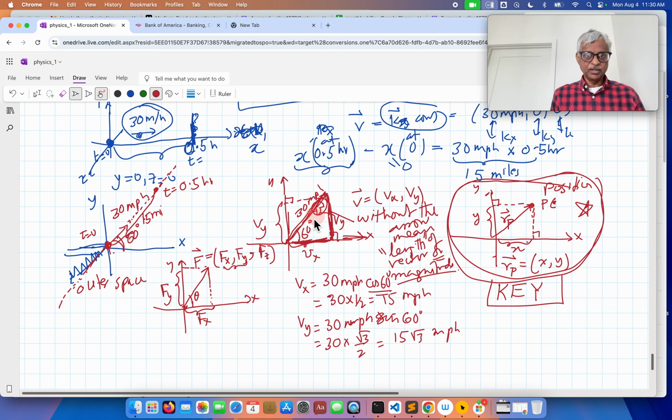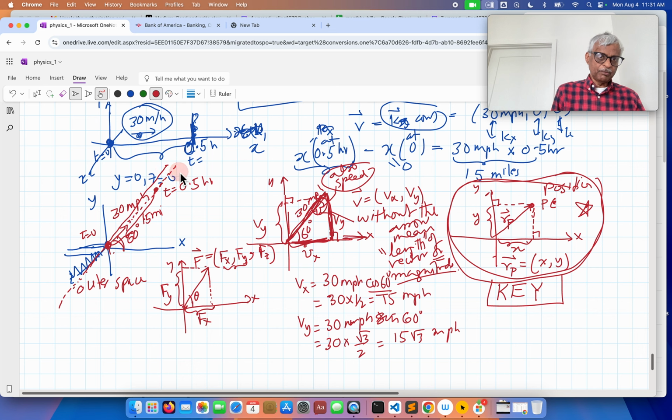And this V is the magnitude, so V is also speed. So this is the speed, and this is the path it's going to take.